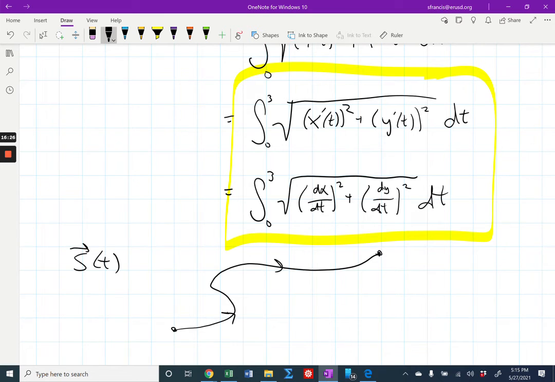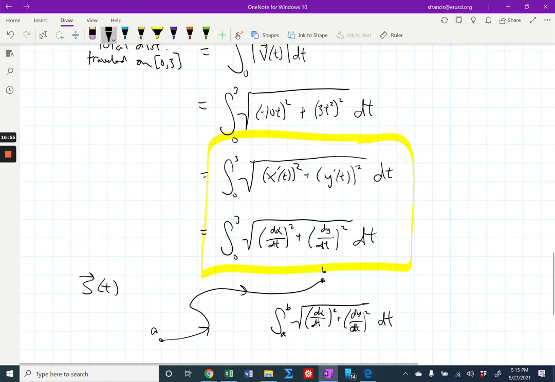Well, I gave that as the definite integral from a to b, where a is my starting t value and b is my ending t value. And then I gave it to you as the square root of dx over dt squared plus dy over dt squared. That's the arc length. Well, that's going to be the total distance traveled. That's the length of that arc. That's our total distance integral.